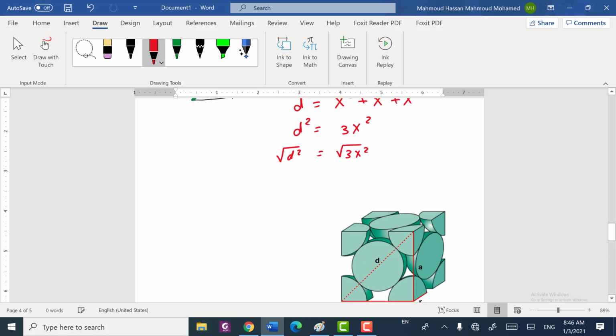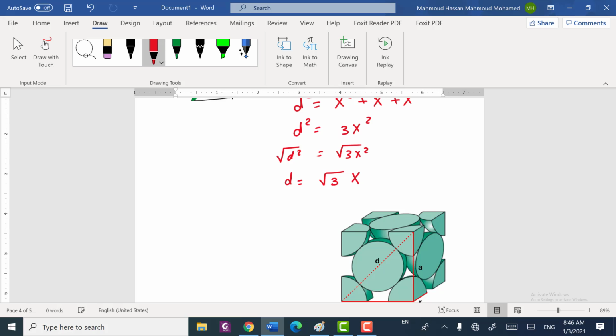We'll find that d equals root 3 times x.